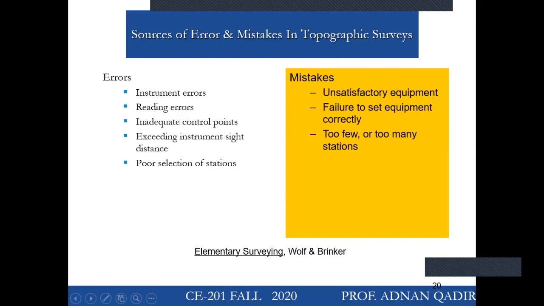There are errors that are under our control, and there are errors that are beyond our control. We can only correct the errors that are within our control. And obviously this is a mistake. For example, there was a lake and you failed to map that lake in the maps. This is a mistake, and the mistake has to be redone. Errors can be corrected.